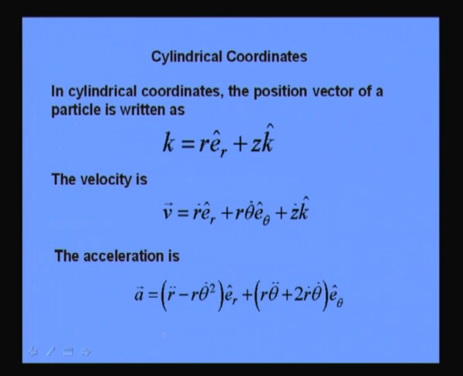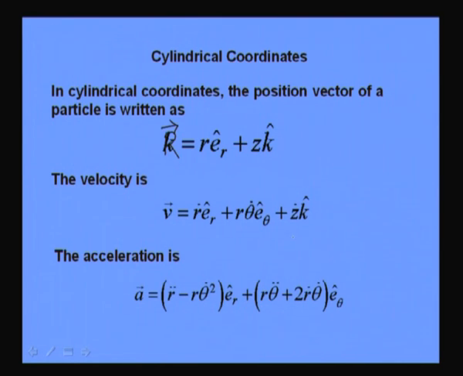In cylindrical coordinates, the position vector of a particle is written as r equal to r e_r plus z k.